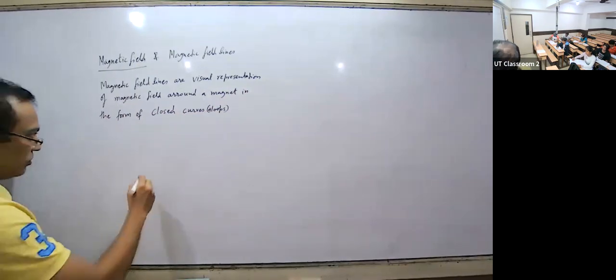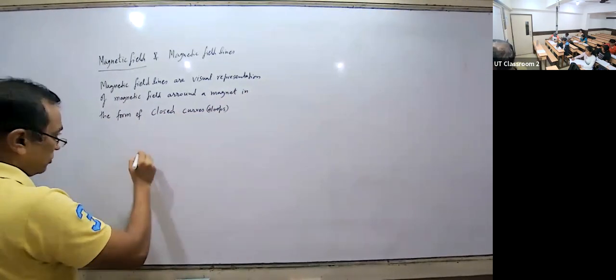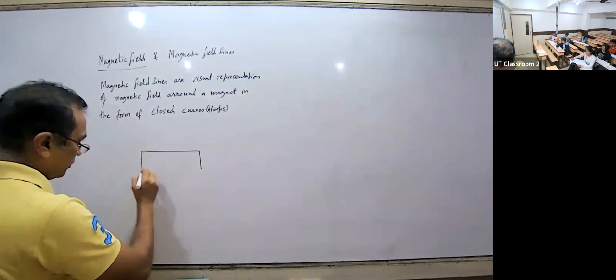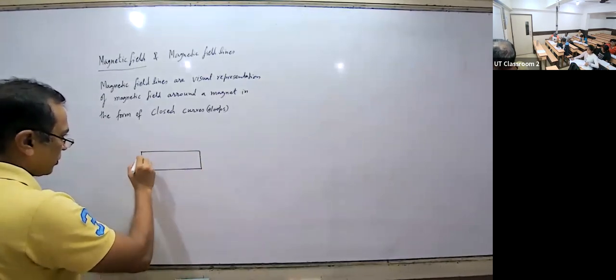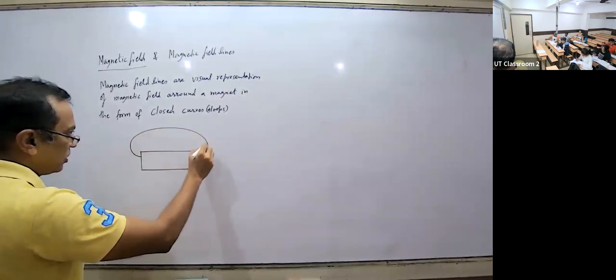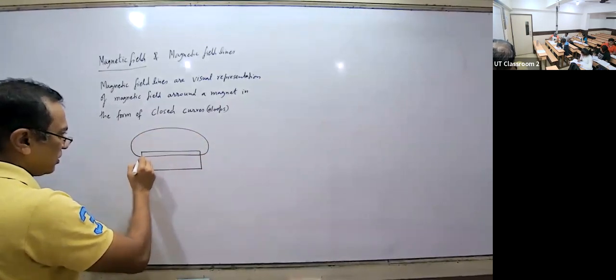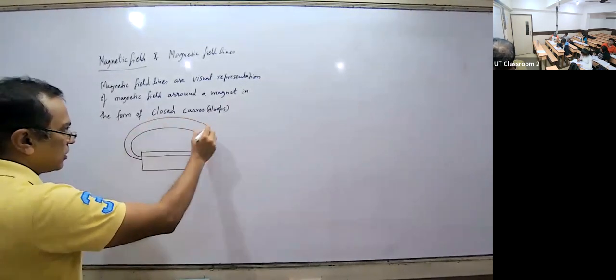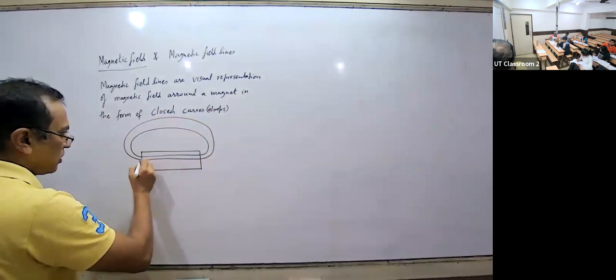Okay, so what are the magnetic field lines? Therefore, it comes out of North Pole. This is North.